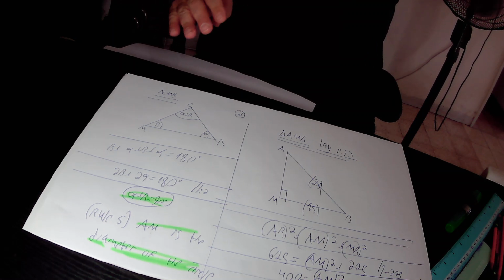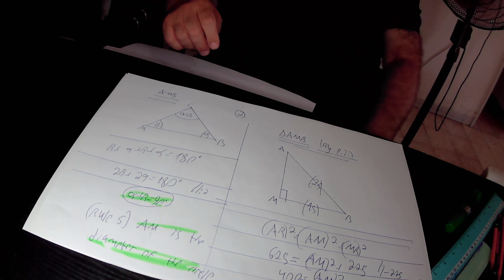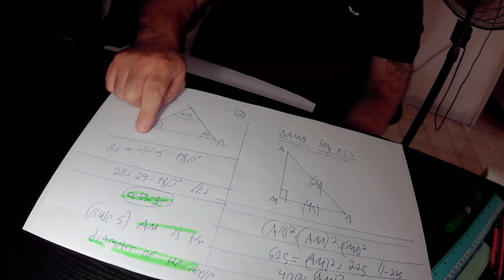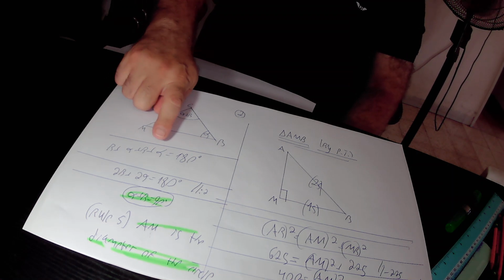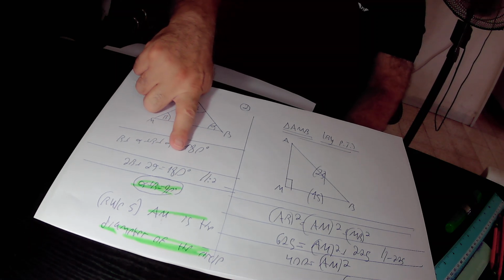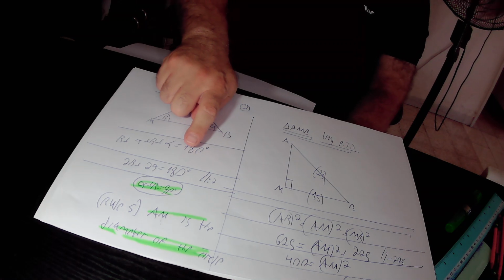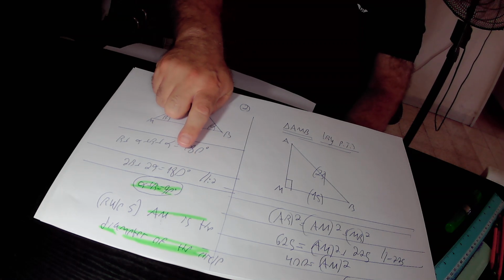According to the rule that the sum of the angles in any triangle is equal to 180 degrees, on this side of the equation we have in total 2 beta plus 2 alpha, that is equal to 180 degrees. Here we divided this equation by 2, and finally found out that alpha plus beta equals 180 degrees over 2, which is 90 degrees.